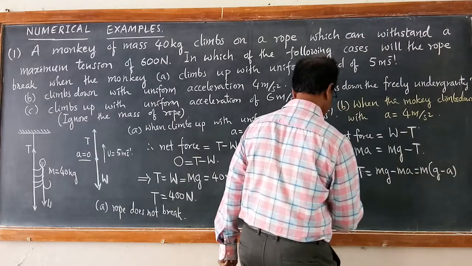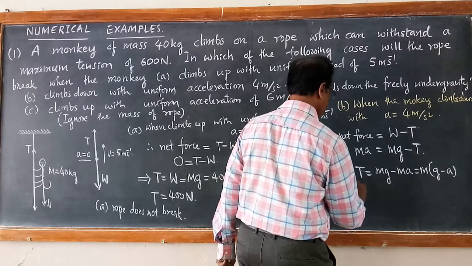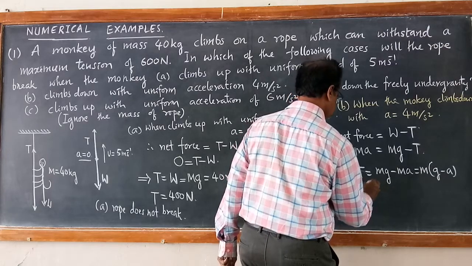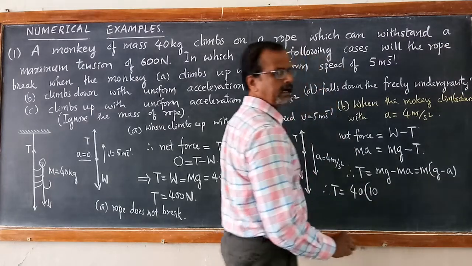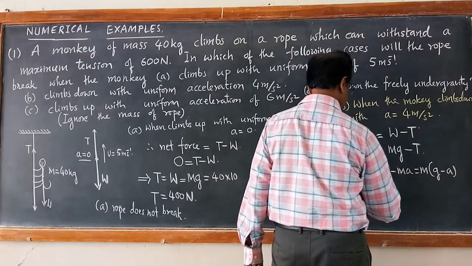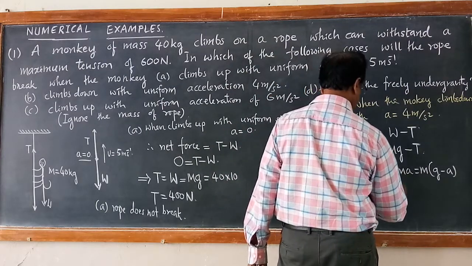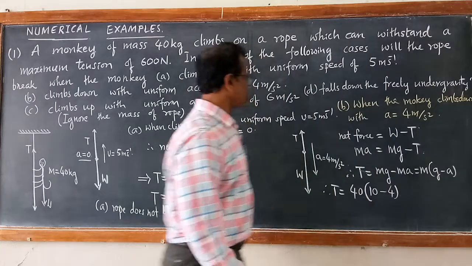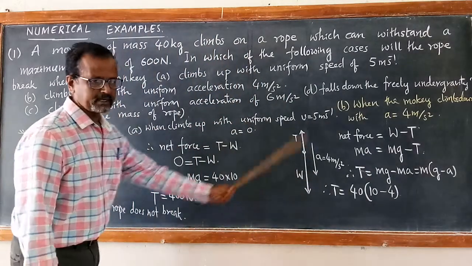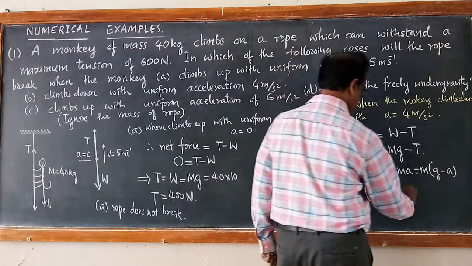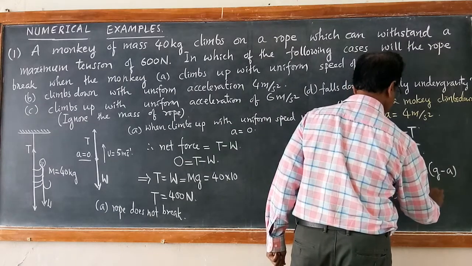Just substitute the values. Therefore, T becomes equal to the mass of the monkey 40 kg, acceleration due to gravity 10 minus the acceleration with which it is climbing down, 4 meter per second square. So 10 minus 4 becomes 6. So it becomes 40 into 6.